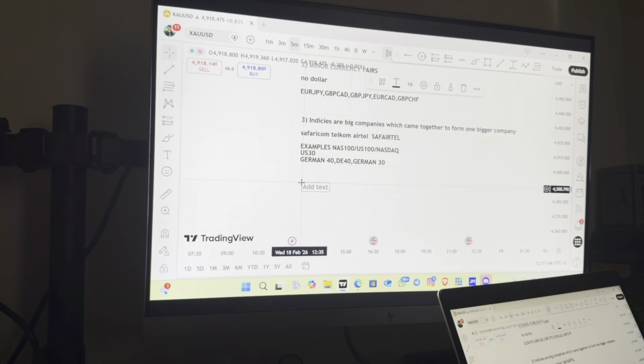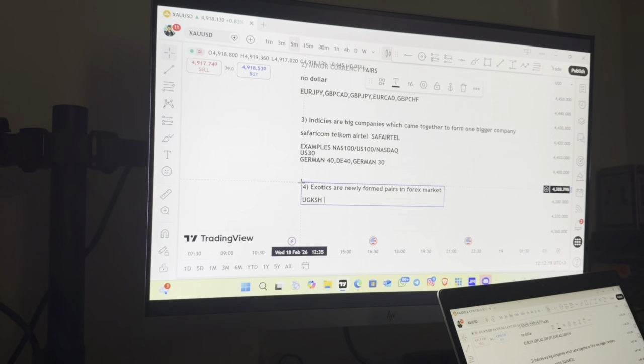Number four, exotics. Exotics are newly formed pairs in the Forex market. For example, we can take Ugandan shilling versus Kenyan shilling.